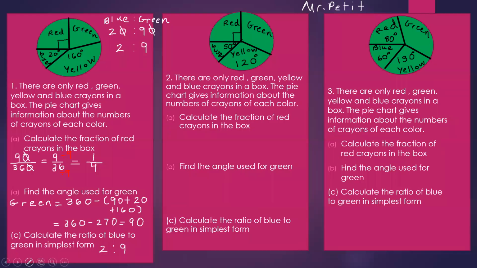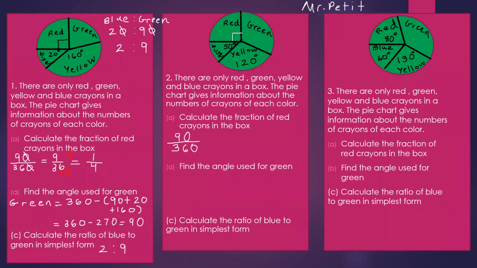So if we're trying to figure out the fraction of red crayons in the box, we know that red is 90 degrees, because we have this box-looking icon, and that means it's 90 degrees. So it's going to be 90 divided by how much? 360.